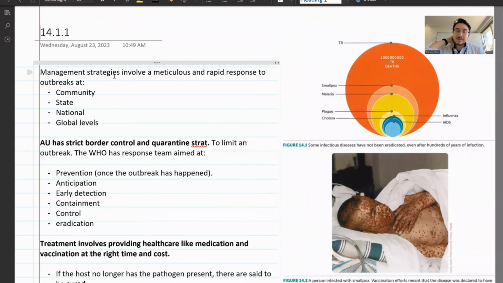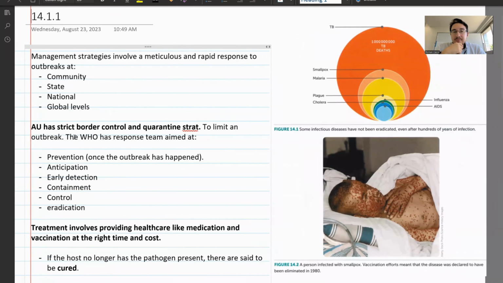These management strategies involve very, very meticulous studies, right? And a rapid response to outbreaks, right? And this has to occur at many different levels of a country, right? Of the world, right? At a community level, at a local level, right? At a state level, at a whole country level, in order for a certain disease to really get eradicated, right?